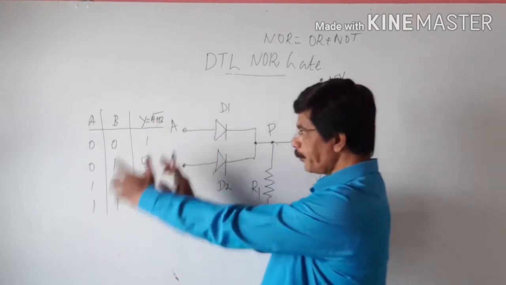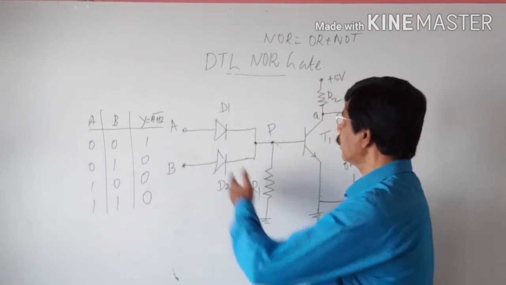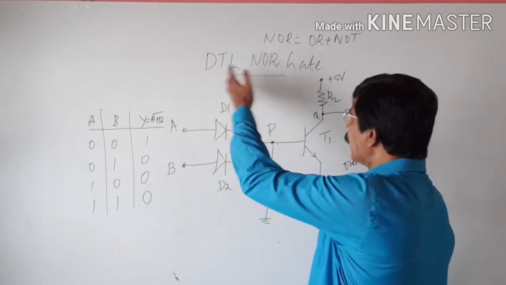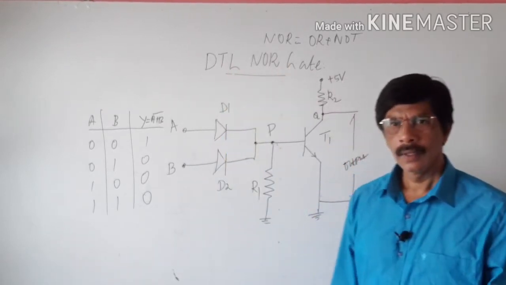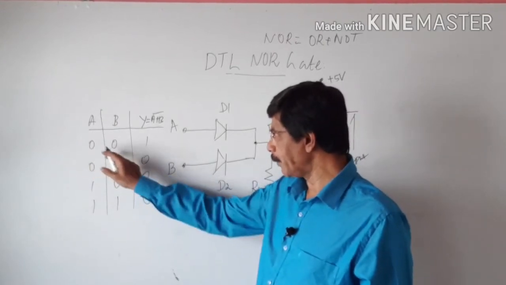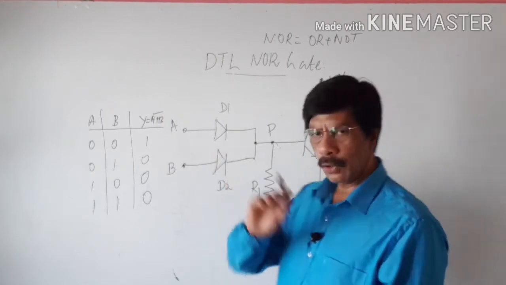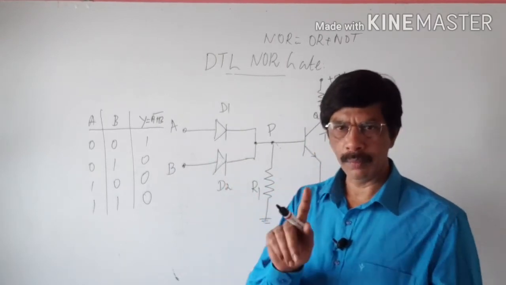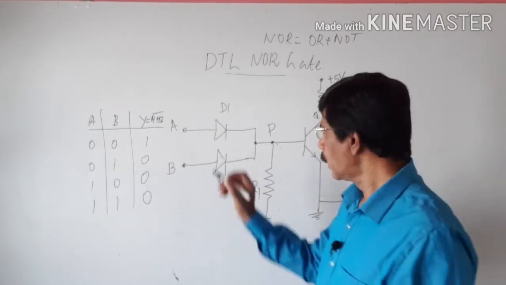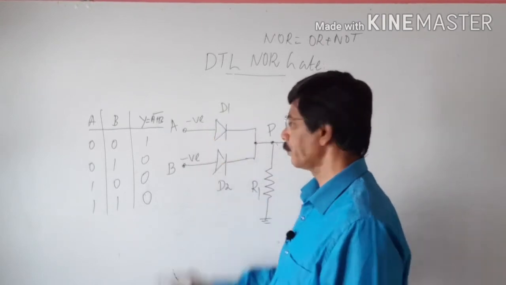With the help of the truth table, let us analyze this two input DTL NOR gate. First consider the inputs capital A and B are 0. 0 means negative voltage, 1 means positive voltage. A is negative, B also negative.